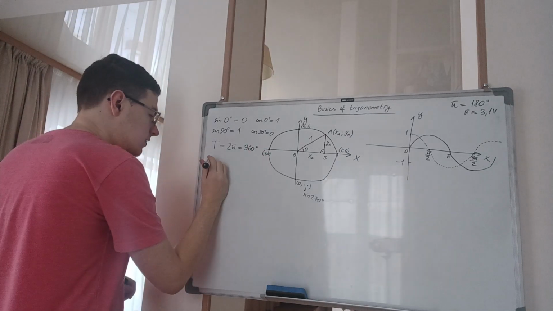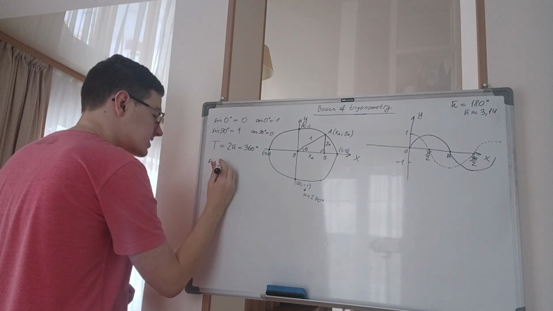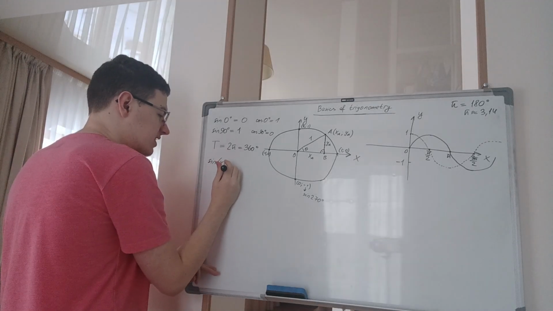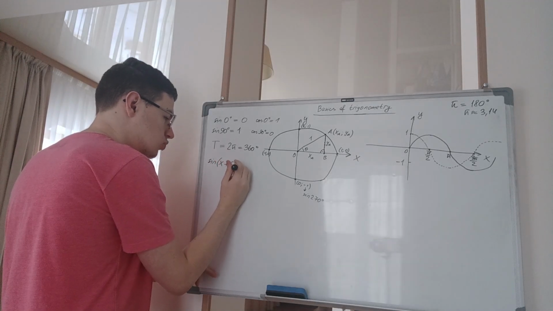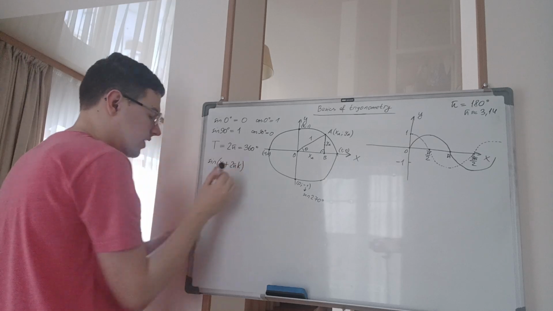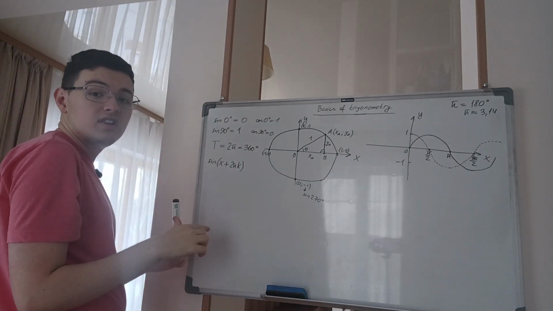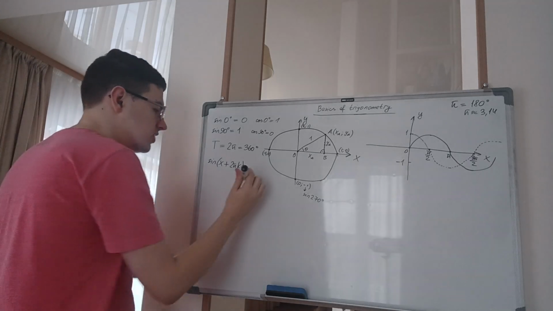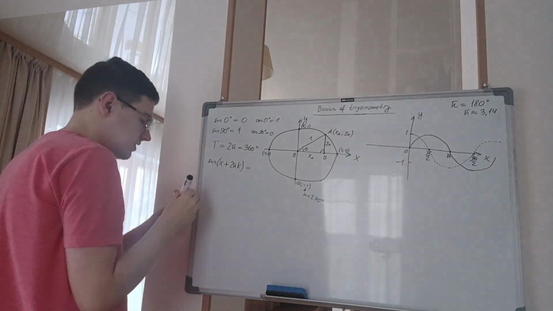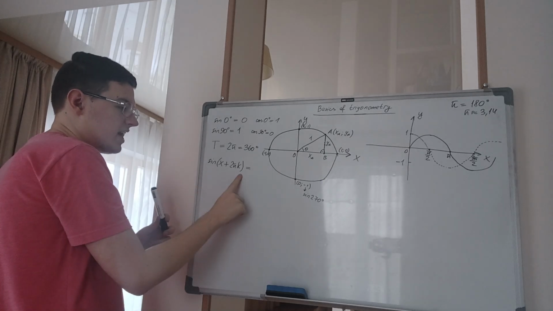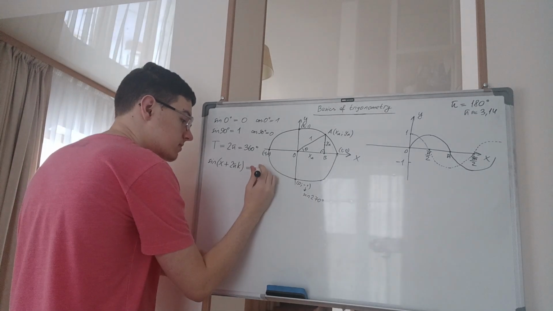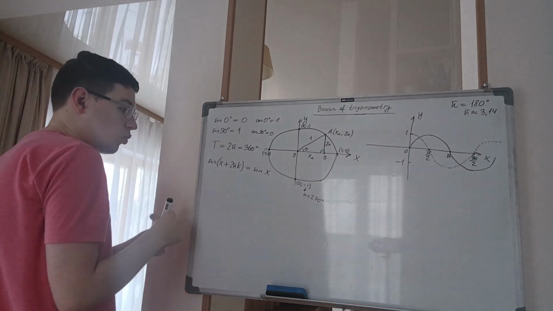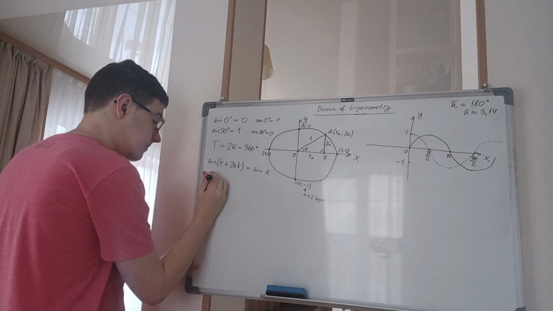That means if we have sine x, and this argument x was added by 2 pi times k, where k is any integer number, that means that this will be absolutely the same as just sine x. And it works with cosine as well.